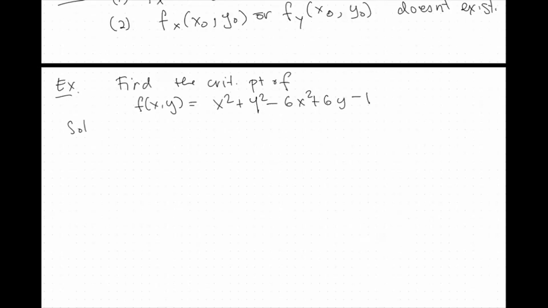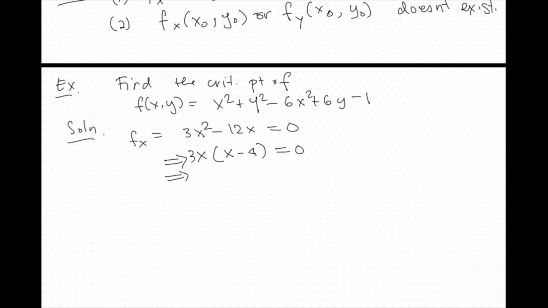So solution, first we get the partial derivative with respect to x. This is just 3x squared minus 12x. Then we equate that to 0. Therefore, we factor out 3x, and we get x minus 4 equal to 0. This means x is either 0 or x is equal to 4.